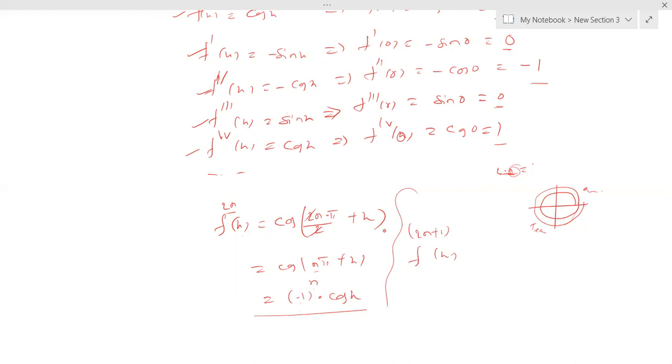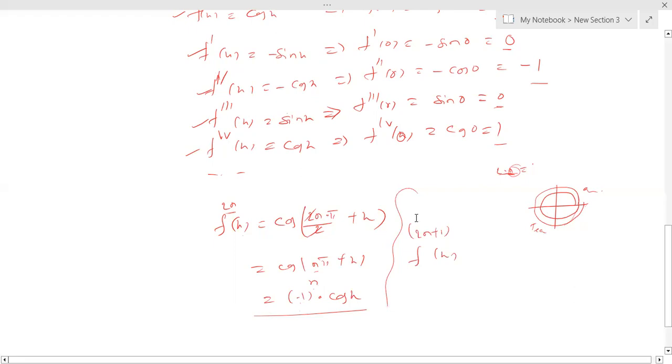Now here, instead of n we have 2n plus 1. Just replace n with 2n plus 1.